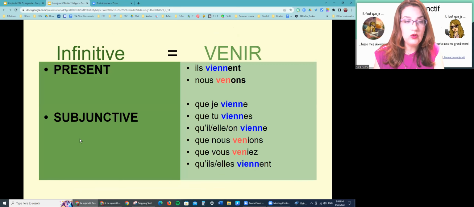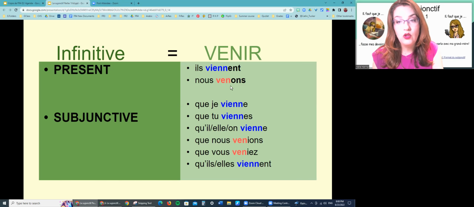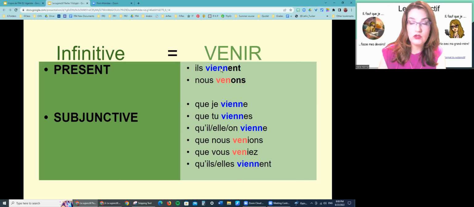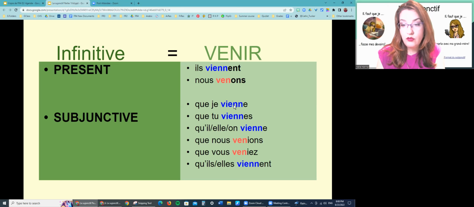Okay, here we go. In the present, we have ils viennent and nous venons, right? Je viens, tu viens, il vient, nous venons, vous venez, ils viennent. So here we have the issue of having two different stems, and the subjunctive maintains these stems. Que je vienne, que tu viennes, qu'il vienne.